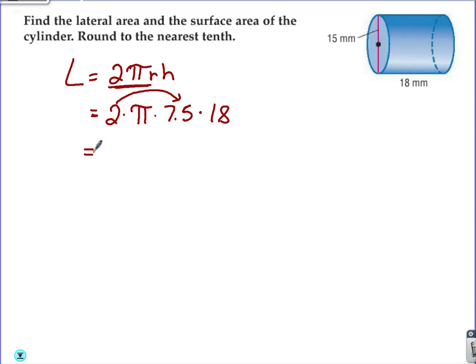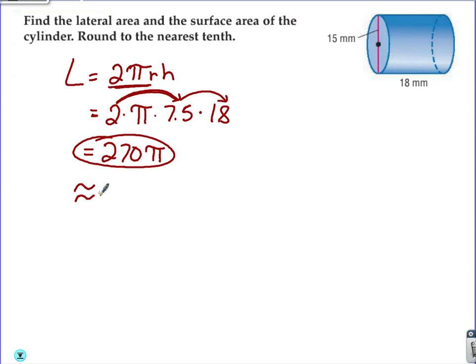Then we're going to do that answer times 18, and we're going to leave pi. If they ask for an exact answer, 270 pi's. Or if they ask for an approximate answer.